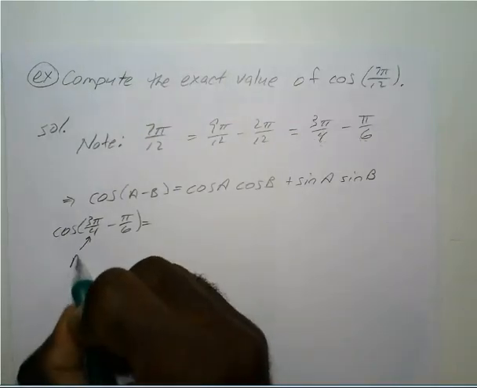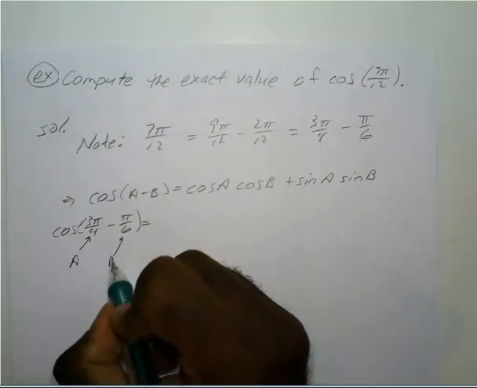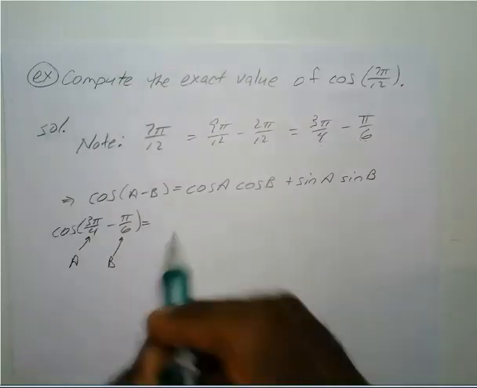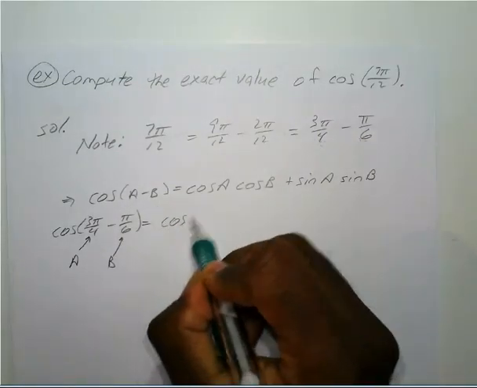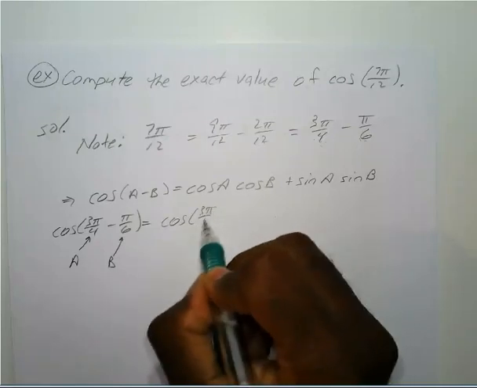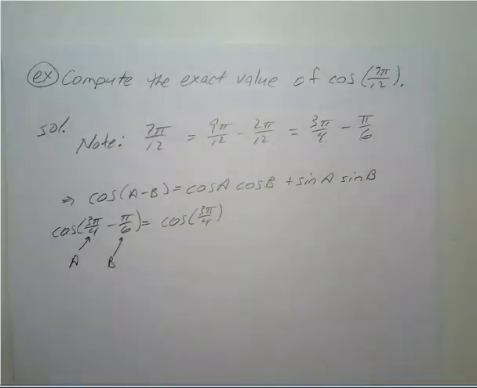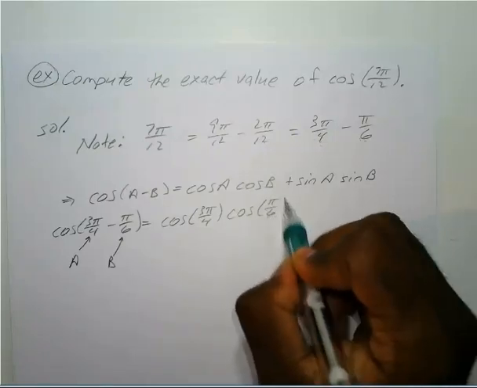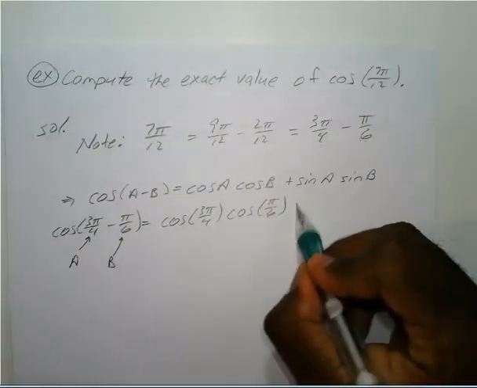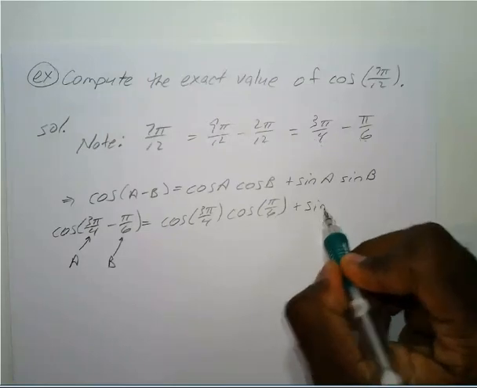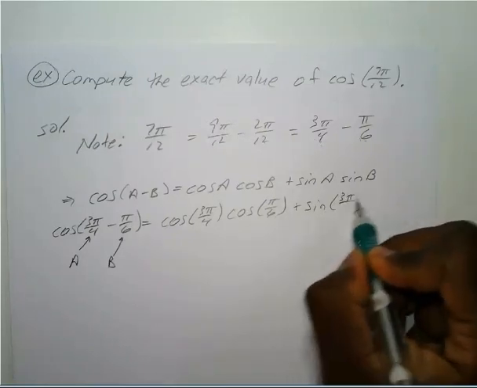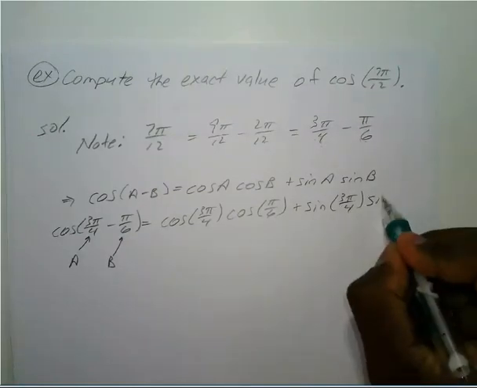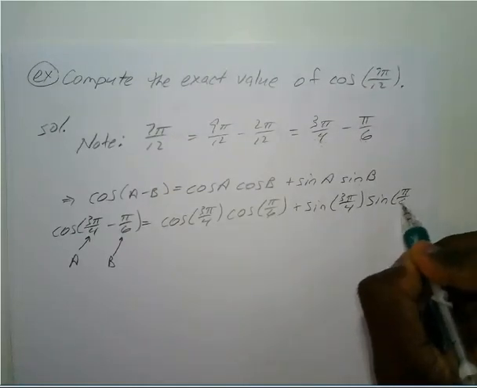This is your A, and this is your B. So cosine of A is cosine of 3 pi over 4, cosine of B is cosine pi over 6, plus sine of A, so plus sine of 3 pi over 4, times sine of B. So that's times sine pi over 6.